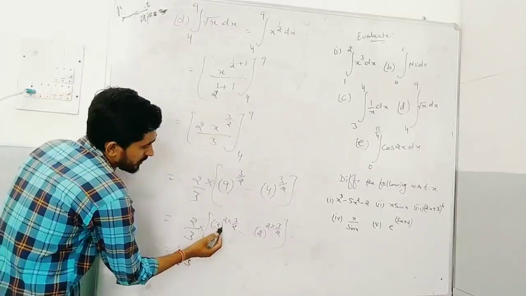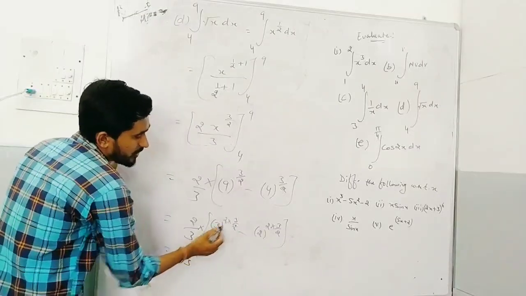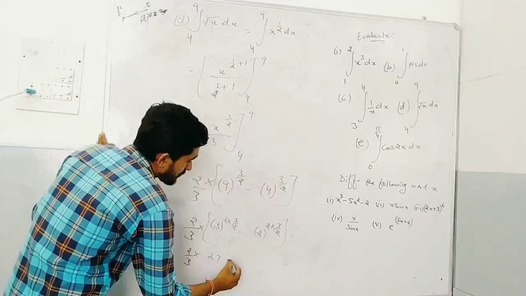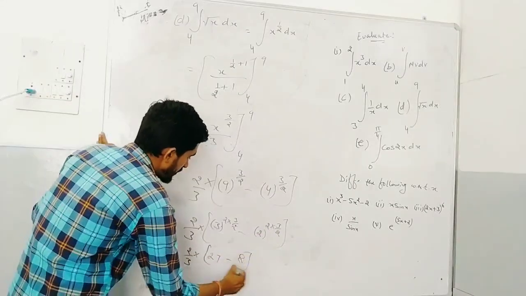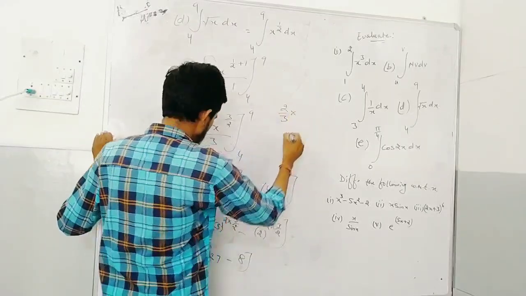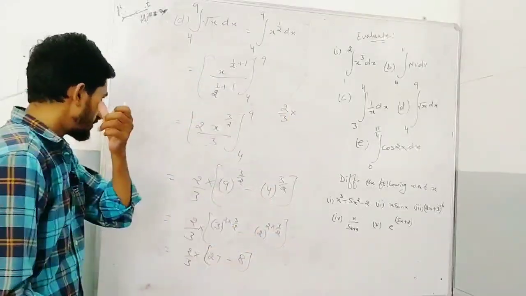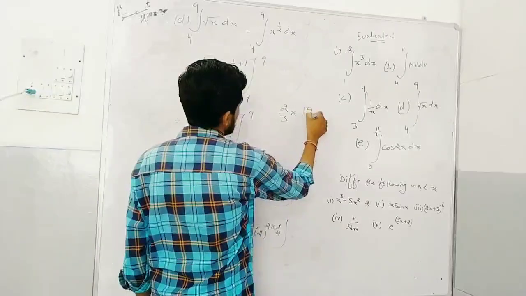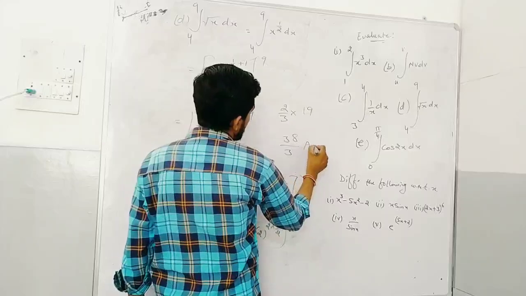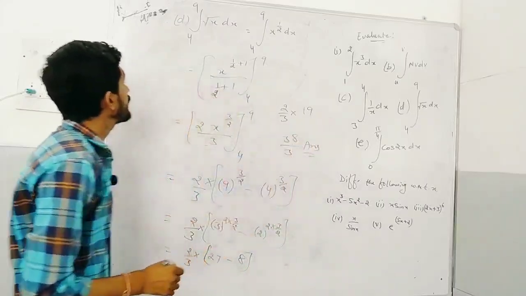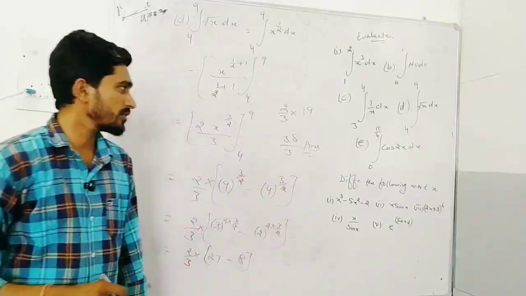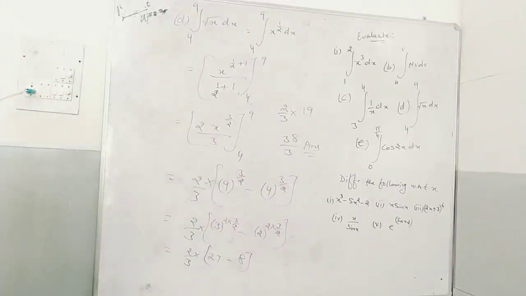This becomes 3 cube, which is 27, and 2 cube, which is 8. The final answer will be 2 upon 3 into 27 minus 8, 19. It will come as 38 upon 3, the final answer for D part. Note it faster, I am erasing it.